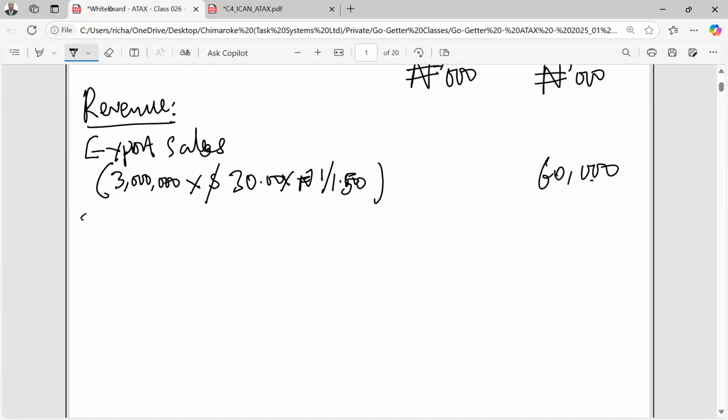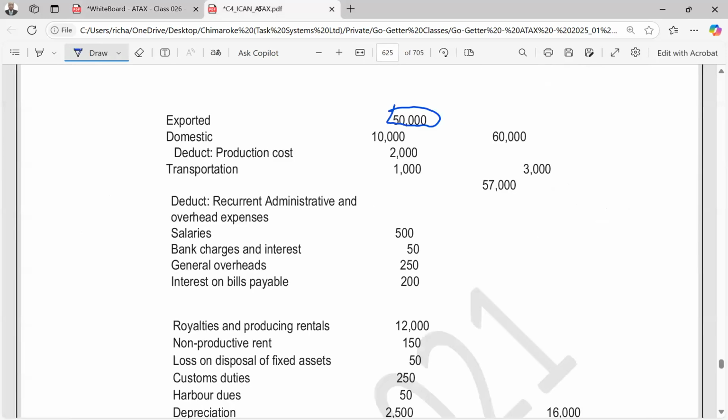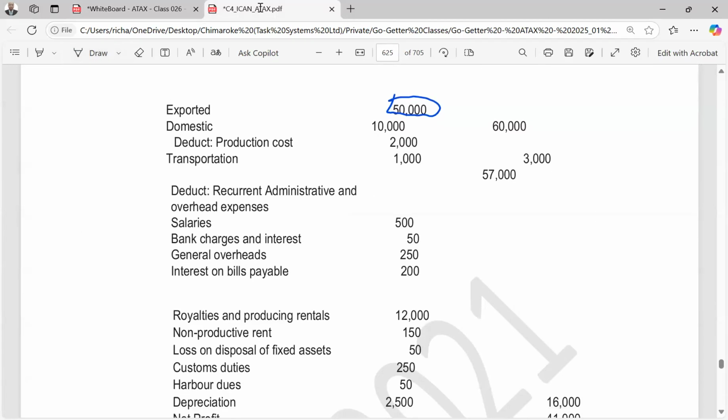Then domestic sales, we have it as 10. Okay. So if we add them together, this should give us 70,000, 70 million. Now, is that all there is in income?